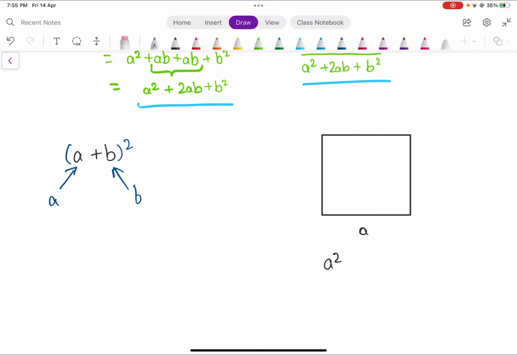So over here, this is A, and this is A. So that means they're all equal to A. So the area inside of this is A squared.